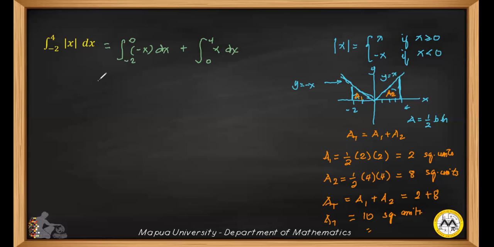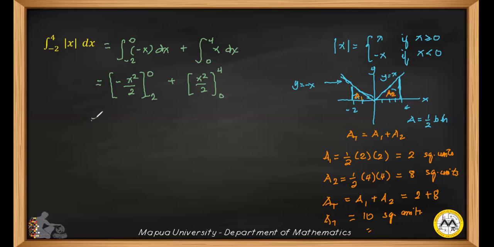Okay. Hence, this gives us the integral of -x dx is -x squared over 2, and this must be evaluated from -2 to 0. Then plus the integral of x dx is, of course, x squared over 2 to be evaluated from 0 to 4.